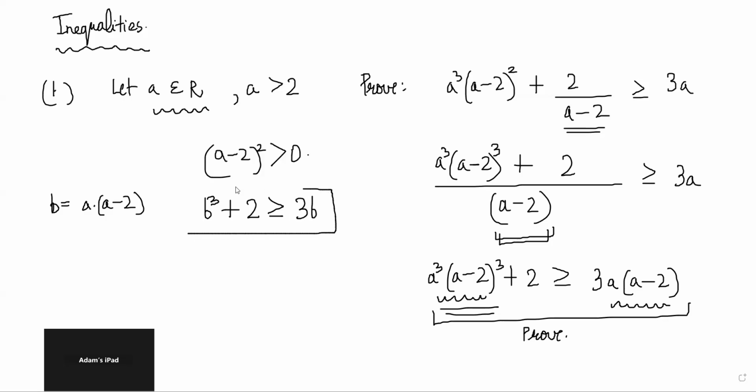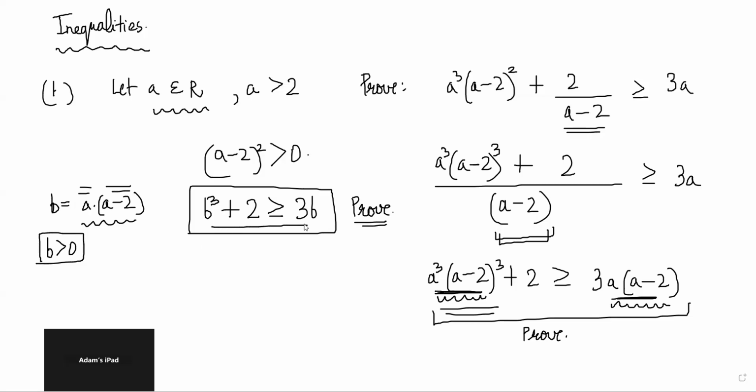We have this situation, right? Because this is clearly B cube. This is B. We need to prove this inequality. And we know that B is positive because this is positive, this is positive. We know B is greater than 0. We have to prove this.